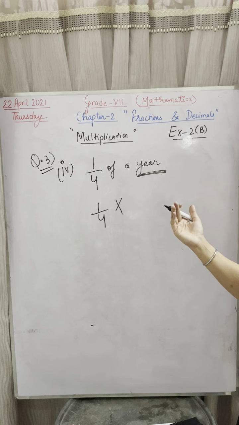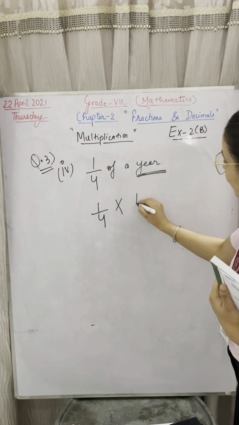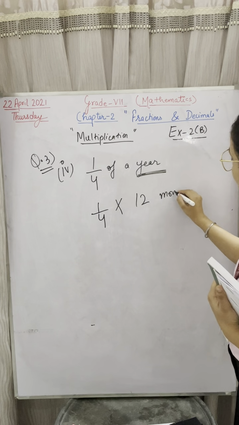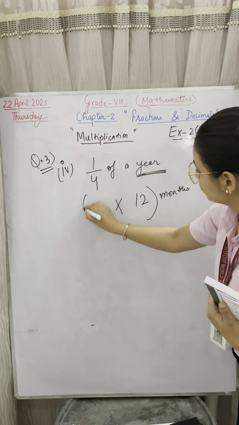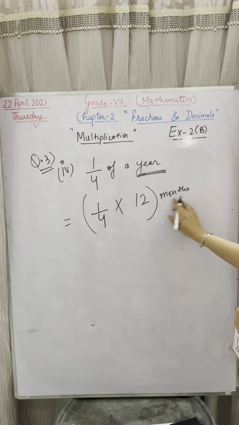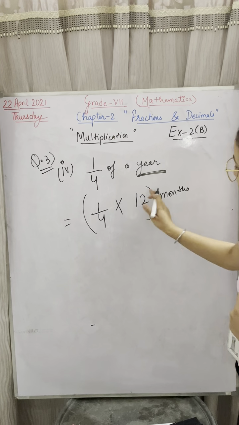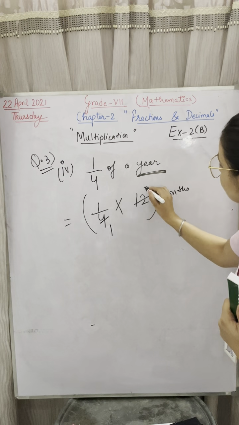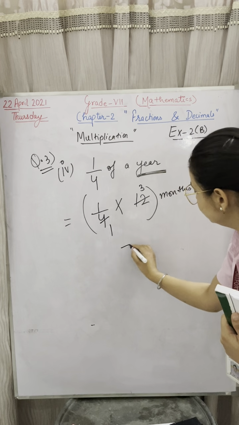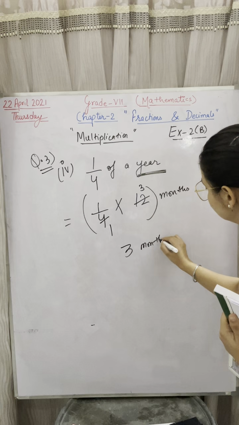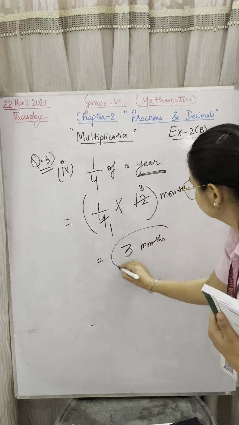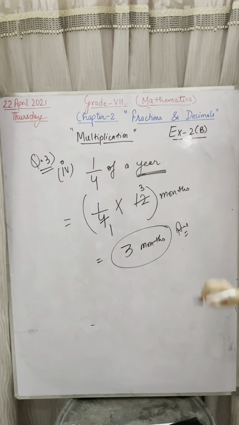Very good, Hazel. We have 12 months. So write 12 months in the bracket, and outside the bracket write the units also, months. Now I can cancel. 4 ones are 4, 4 threes are 12, and 3 into 1 is 3 months. 3 months is the answer.